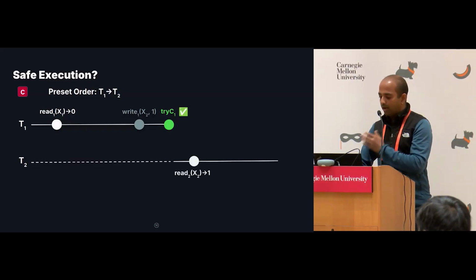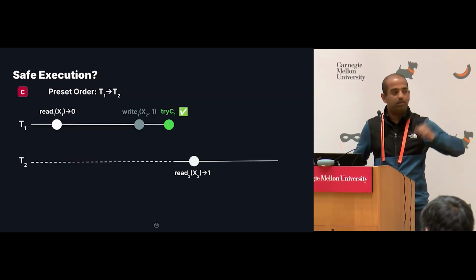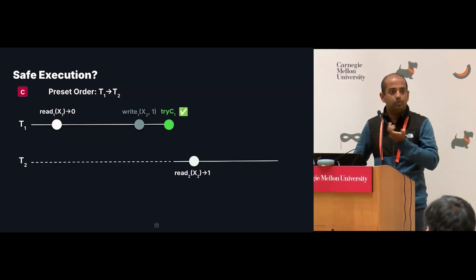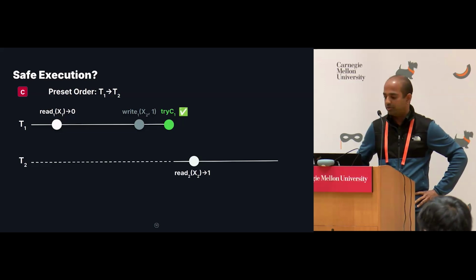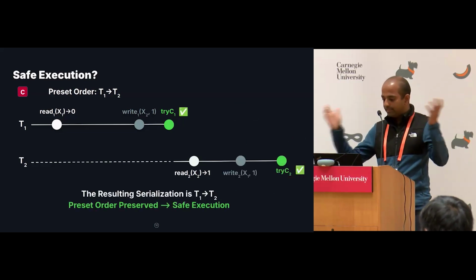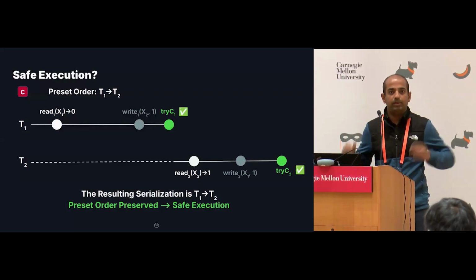Then transaction T2 is going to see the value committed to shared memory by transaction T1, so the read of X2 is going to see the value 1 that was written by transaction T1. Make sense? So the resulting serialization is preset order preserved, and this is a safe execution that we can work with.